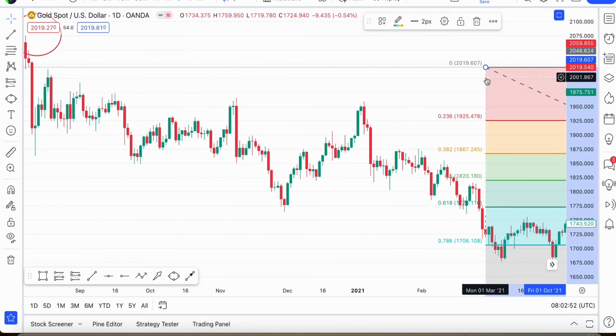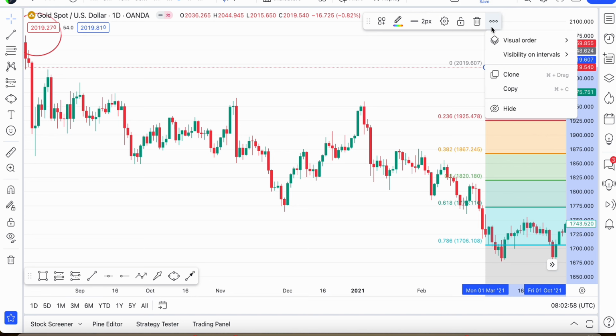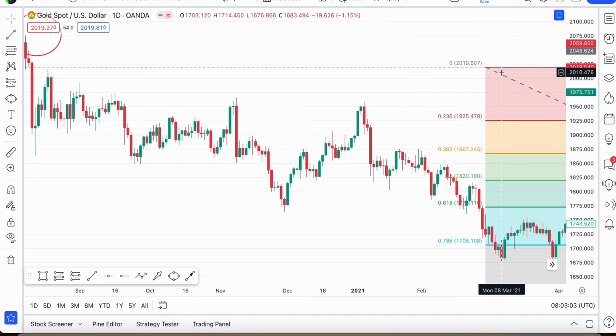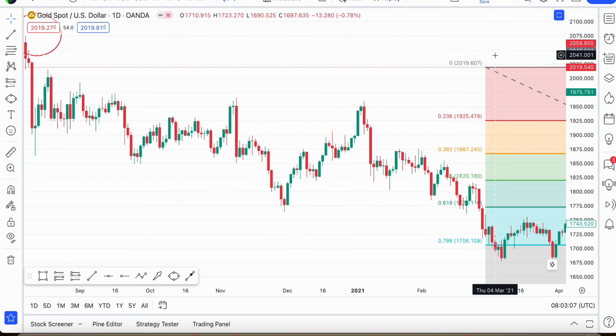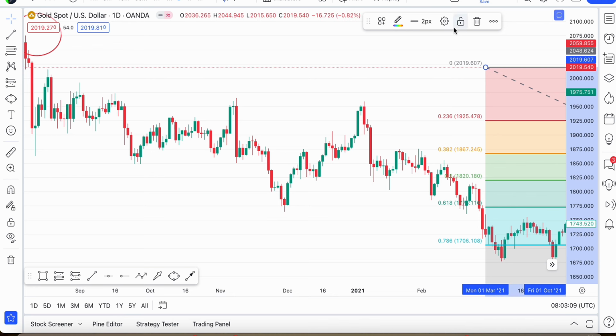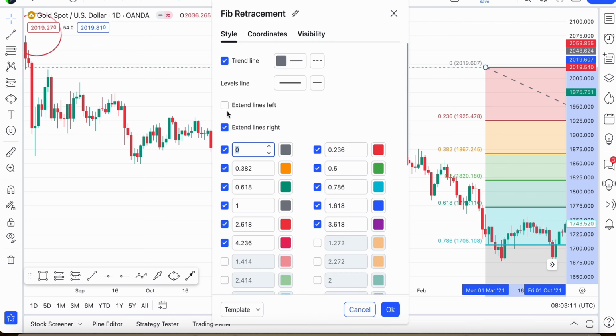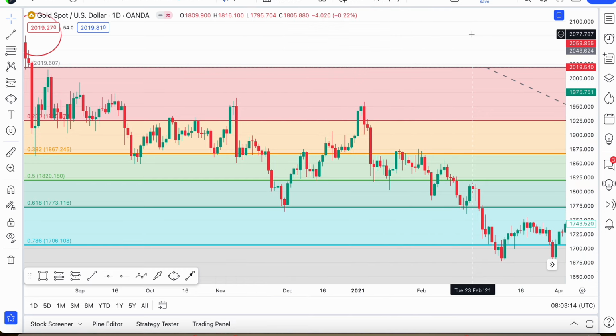Then let me extend it. No, property. I have to extend it towards the left so that it covers that region. Settings, extend left as well. Okay, good.